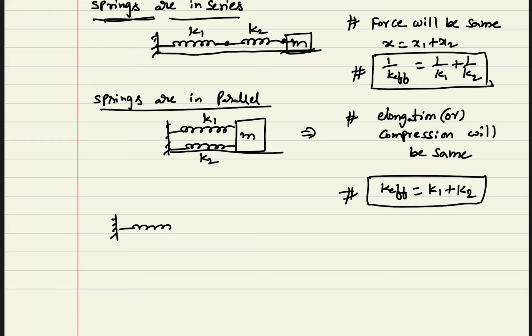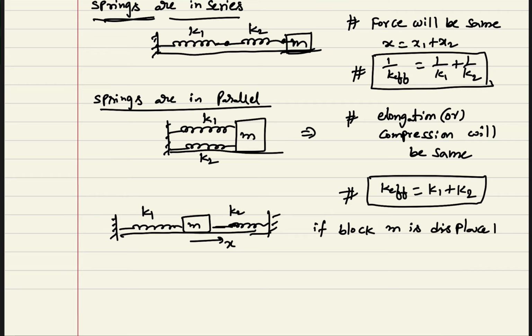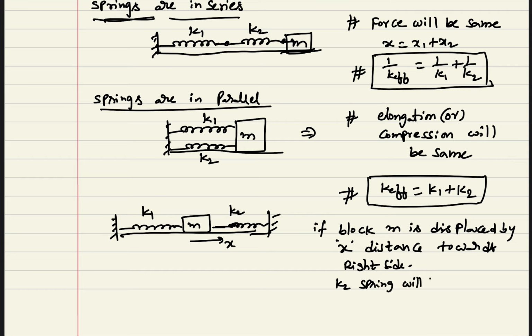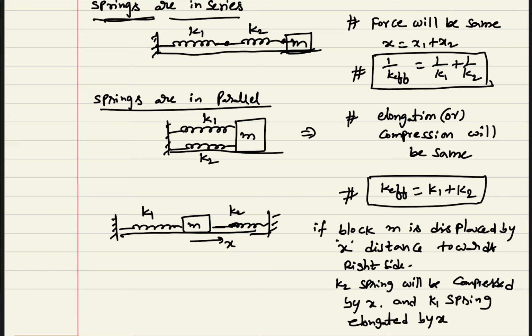If it is given like this, a block of mass M, with K1 and K2 on either side, and I displace block M by x distance towards the right side, then the K2 spring will be compressed by x, and the K1 spring will be elongated by x.